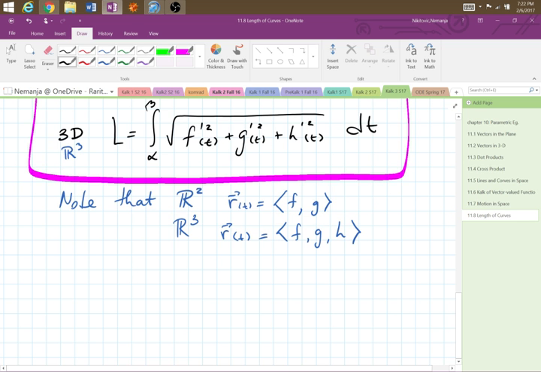All right, so here's problem 16. It says r of t is given as 4 cosine t, 4 sine t, 3t. What is this? Did anyone study?